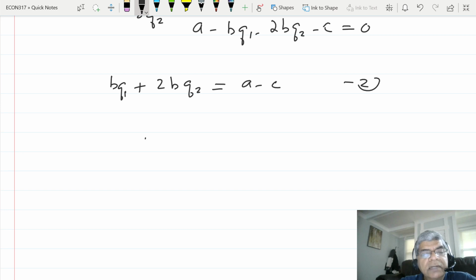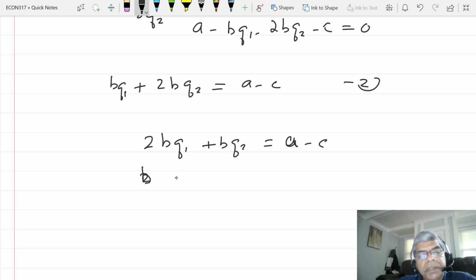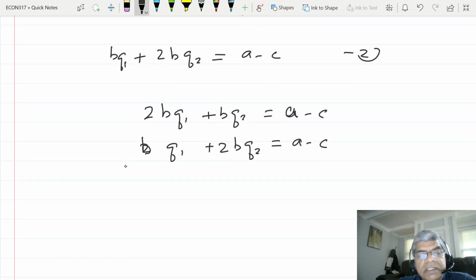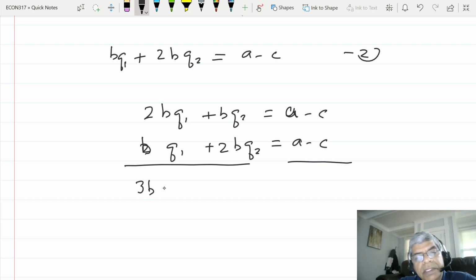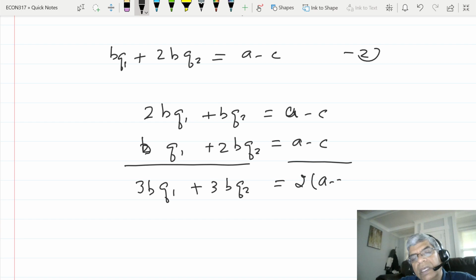So let's write them together. 2BQ1 plus BQ2 equal to A minus C, and then I have BQ1 plus 2BQ2, again A minus C. We could add these two equations to obtain 3BQ1 plus 3BQ2 equal to 2(A minus C).